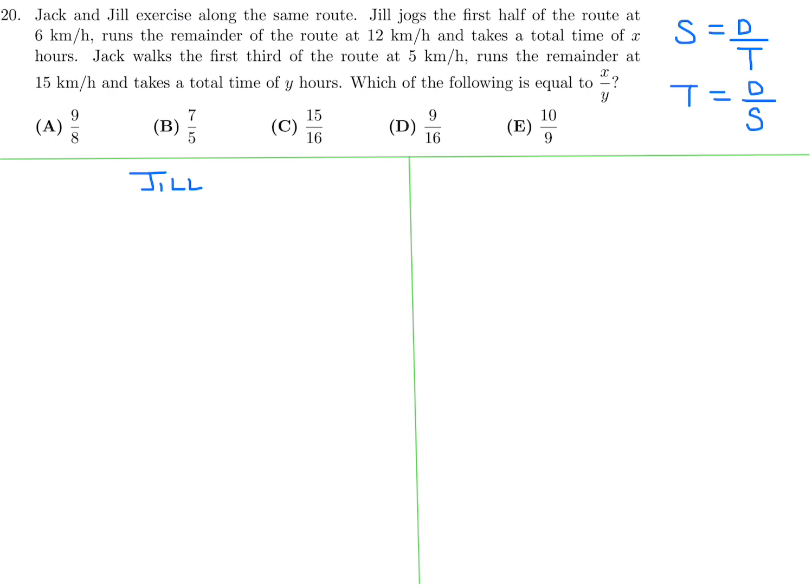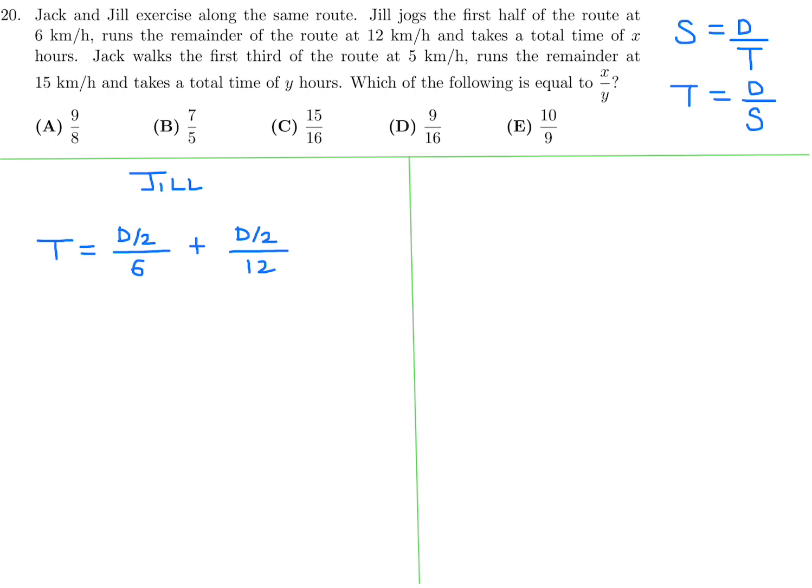So half of the route is d over 2, and her speed when she is doing that is 6. And then she is going the same route, so another d over 2, but this time obviously a little bit faster, 12 kilometers per hour. And that's going to calculate her total time.